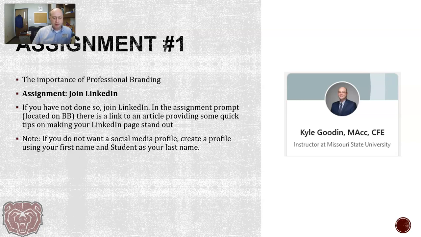Inside Professionalism Assignment number 1, there's a link to an article that'll provide you some quick tips on making your LinkedIn page stand out from other professionals or other students. And in this next slide, we go through each of those points.